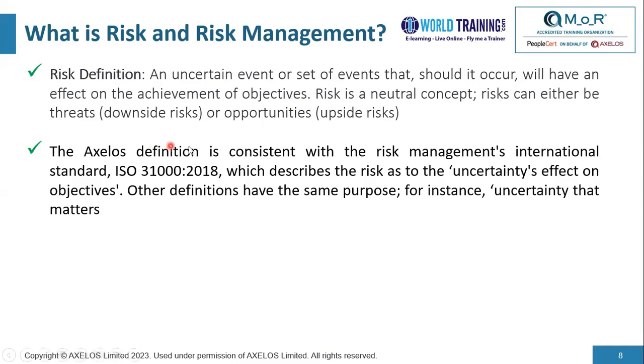Now, the AXELOS definition is consistent with the risk management international standard, ISO 31000, which describes risk as the uncertainty's effect on objectives. Other definitions have the same purpose, for instance, uncertainty that matters.